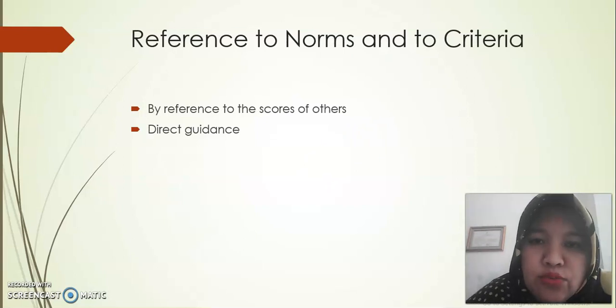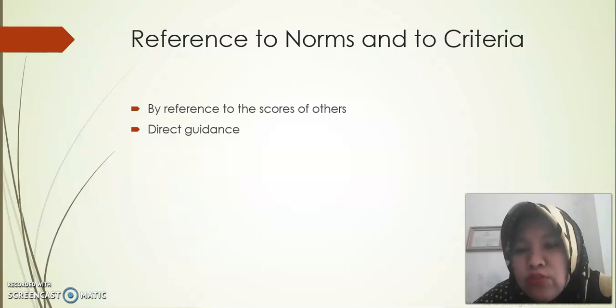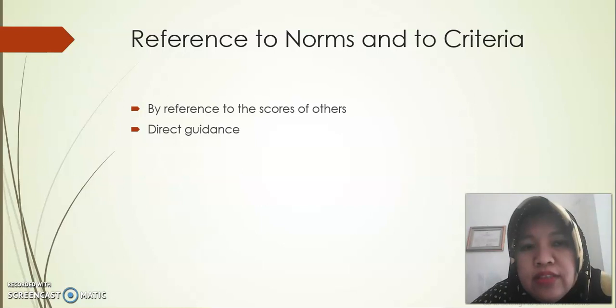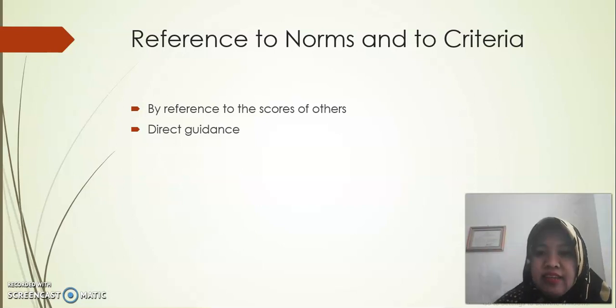Okay, next, reference to norms and to criteria. Both terms refer to the way we score our students. Reference to norms means we score our students based on the scores of others, for example based on the average score of the class. Criterion reference means we score our students based on direct guidance that we already have.